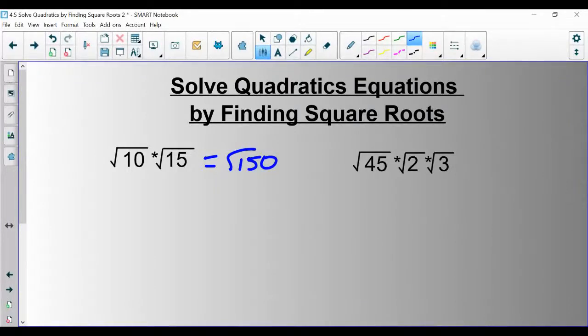Does it? The answer is yes. 25 is a factor of 150, and 25 is a perfect square. So the square root of 150 would break up as root 25, root 6. And of course, because 25 is one of those numbers, I can actually take the square root of it, and it'll be 5 root 6.